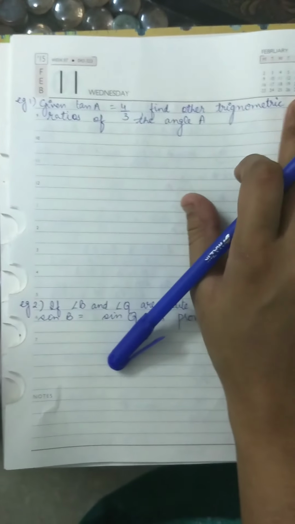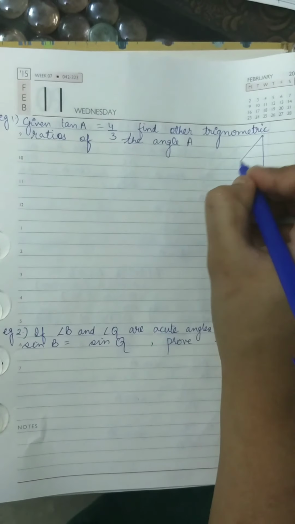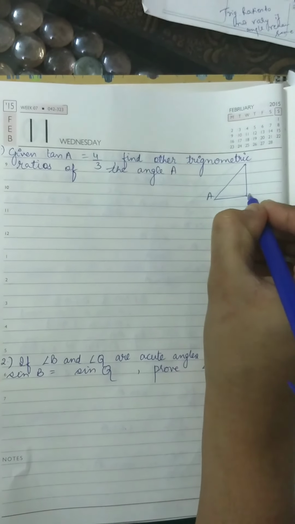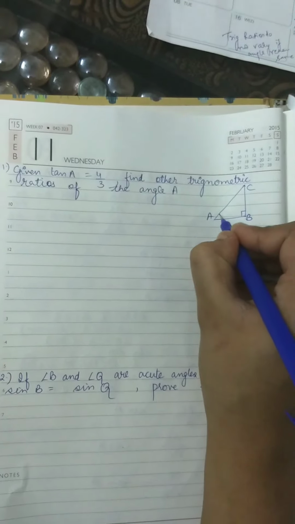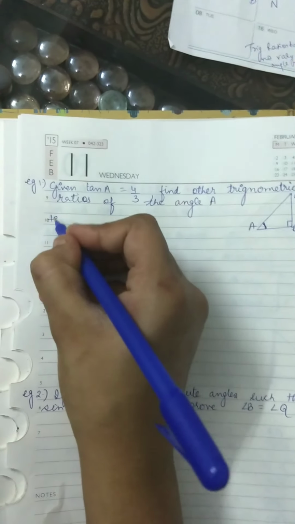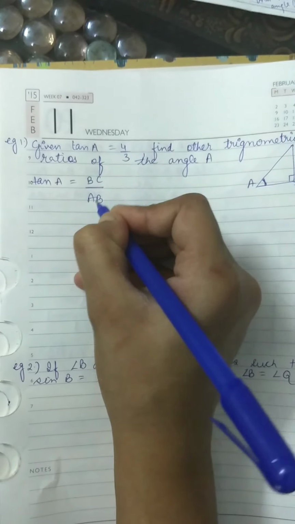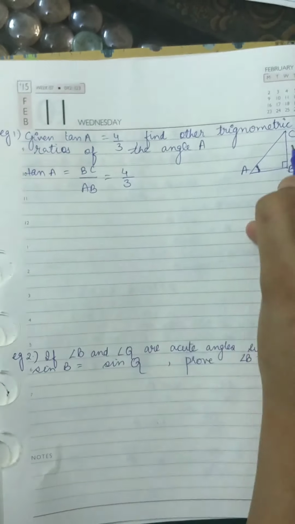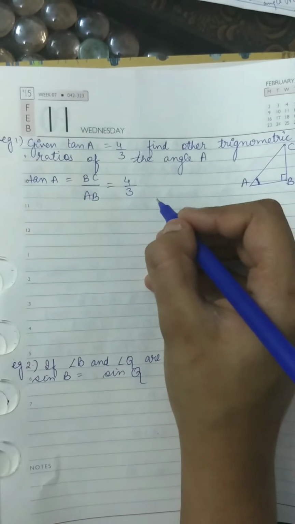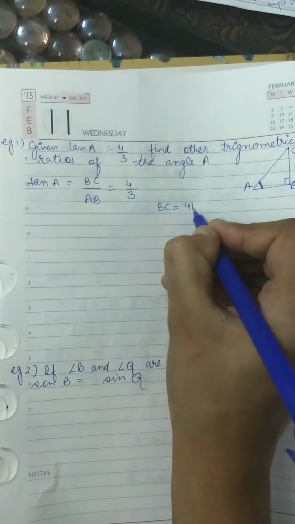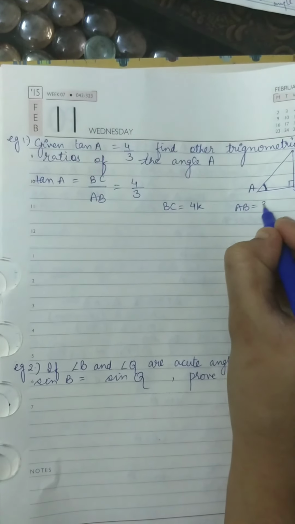Here comes our first example. Given that tan A is 4 by 3. See here, if I consider this triangle ABC, this is tan A. So what we know is tan A is equal to BC upon AB is equal to 4 upon 3. So if the ratio is K, BC is equal to 4K and AB is equal to 3K.